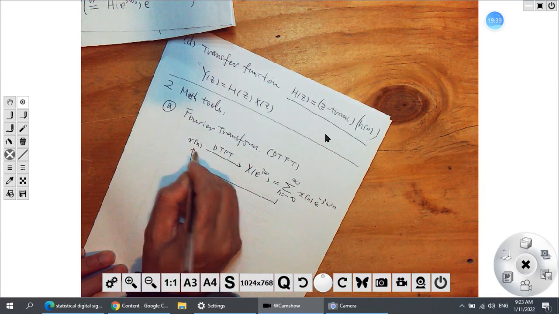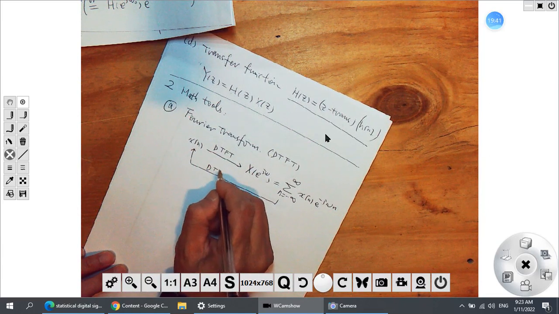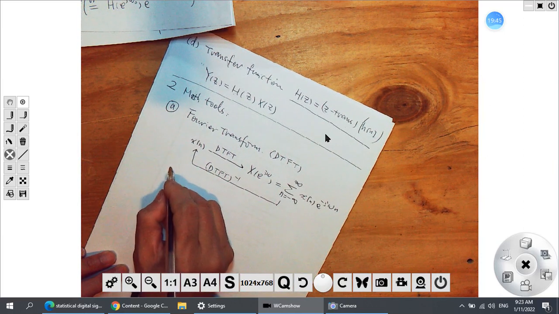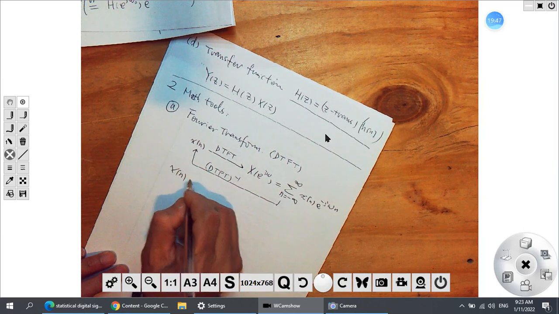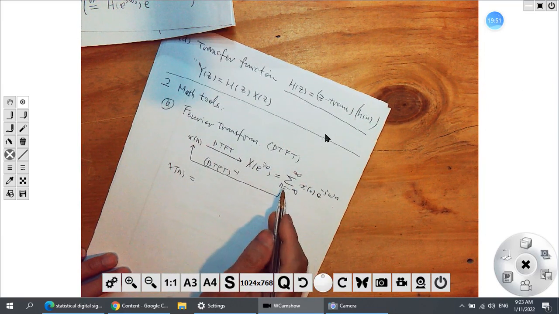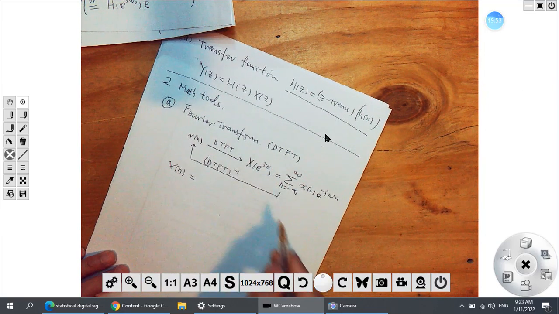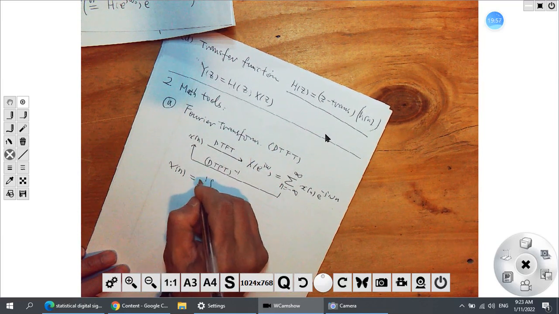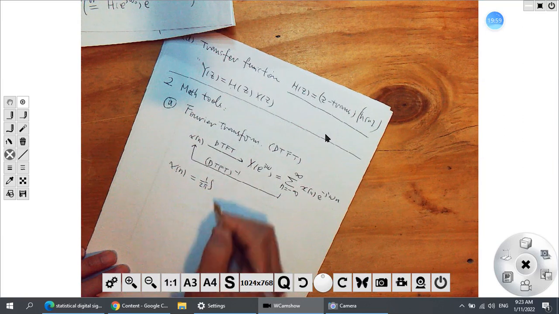This is the inverse DTFT, which will give us the relation: x of n equals some function of this part. It is an integral, with a constant 1 over 2 pi before it.